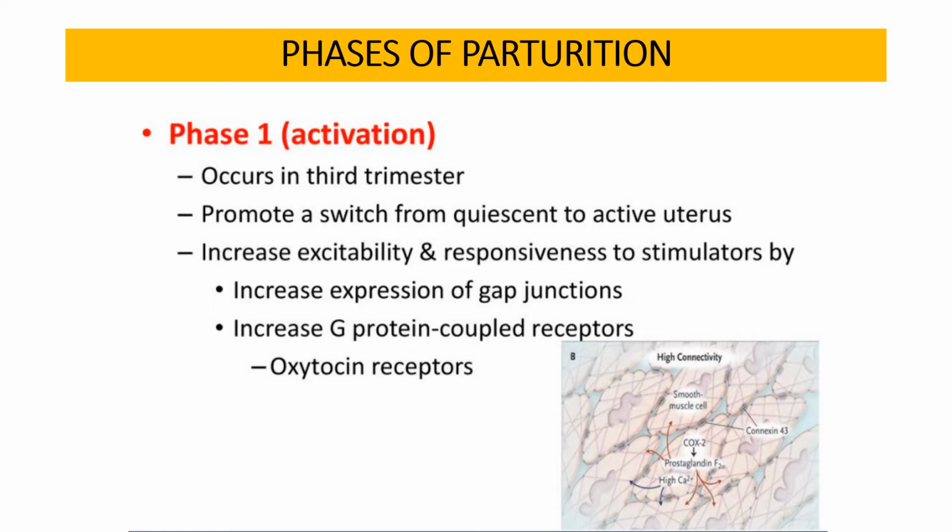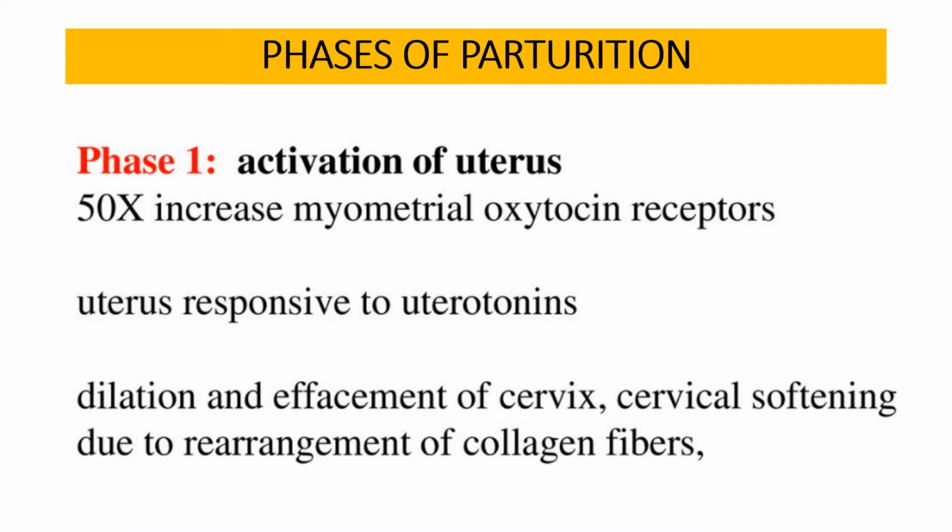These are the oxytocin receptors, and there is a simultaneous decrease in cyclic AMP levels. So there is a 50 times increase in myometrial oxytocin receptors. The uterus becomes responsive to uterotonics, and finally there is dilatation and effacement of the cervix, and cervical softening due to rearrangement of the collagen fibers.